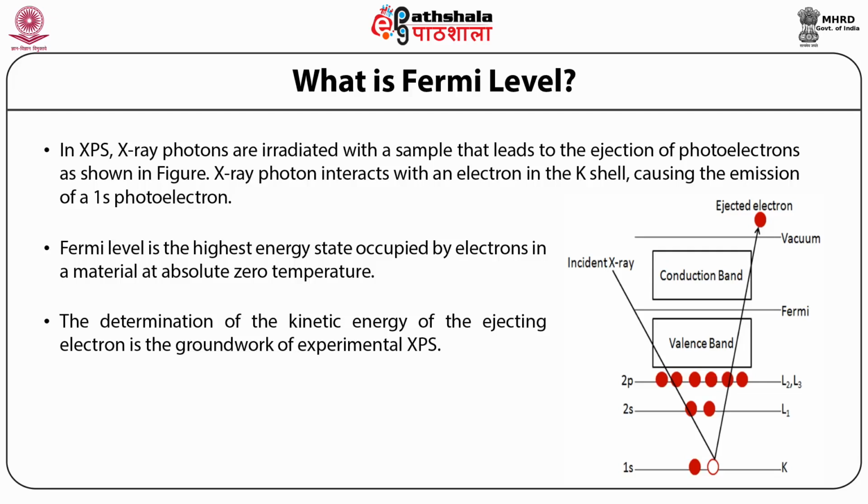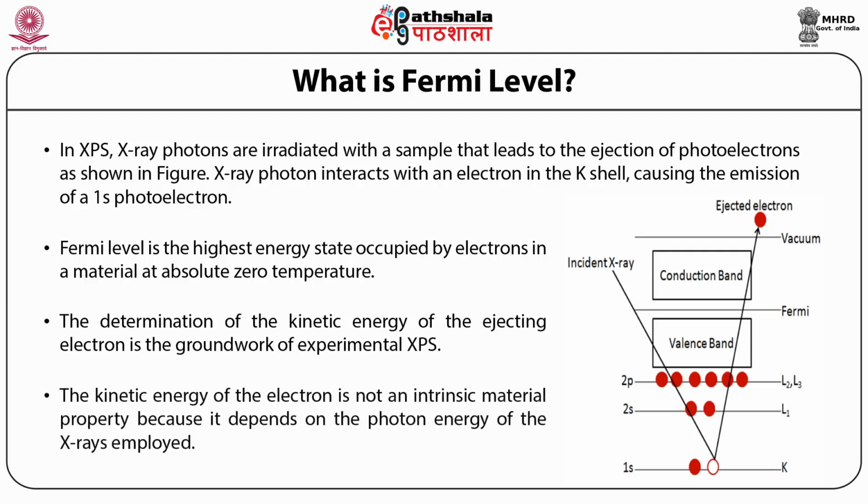Kinetic energy, binding energy, and work function can be explained by the photoelectric effect, which we have discussed already. From the diagram above, work function can be defined as the energy difference between the Fermi level and the vacuum level. The kinetic energy of an electron is not an intrinsic material property, but it depends on the photon energy of the X-rays employed.